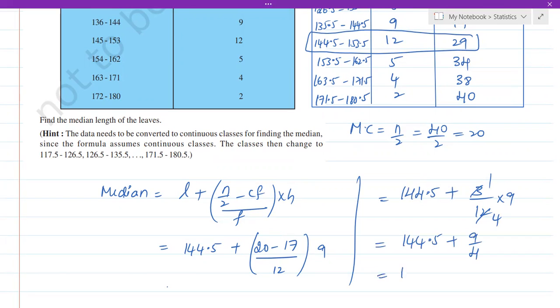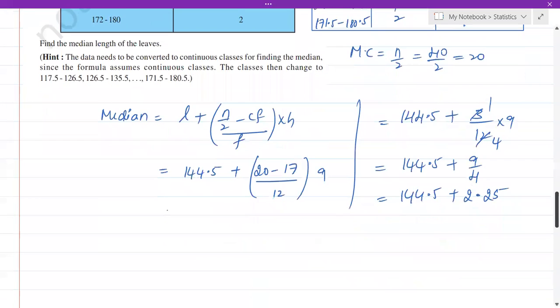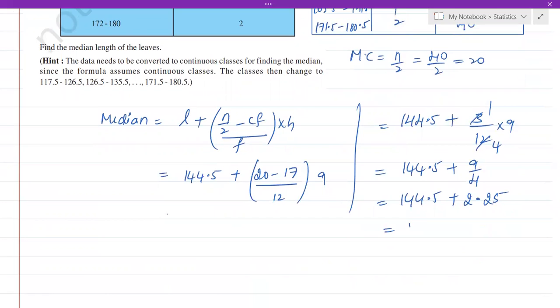Okay, so it becomes 144.5 plus, 4 twos are 8, 1 is a remainder. If you place a decimal, it becomes 10. Again 4 twos are 8 and 5, 2.25. So verified. So you get this as 147. Okay, sorry, not 147. I'm sorry, 146.75. That will be the answer.